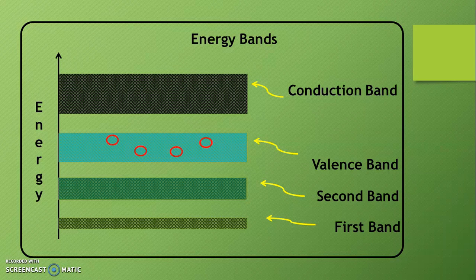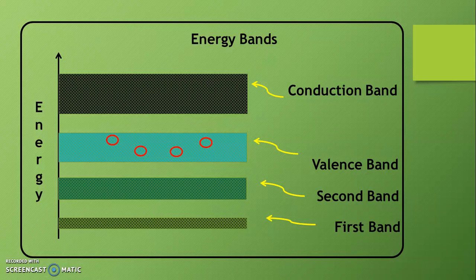Mostly the electrons in the valence band are loosely connected with the nucleus, and if we impart certain energy in the form of light, heat or radiation to the electrons of the valence band, then it is possible to shift electrons from the valence band to the conduction band.